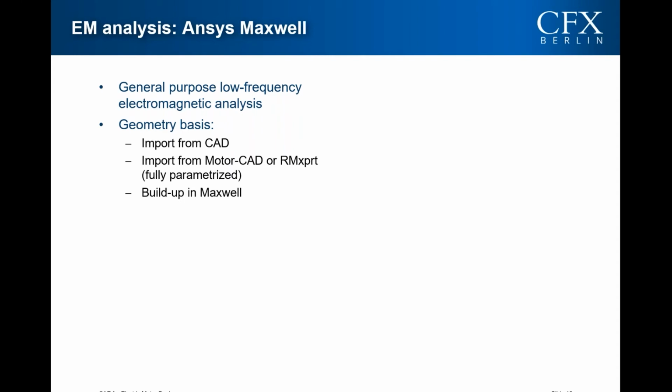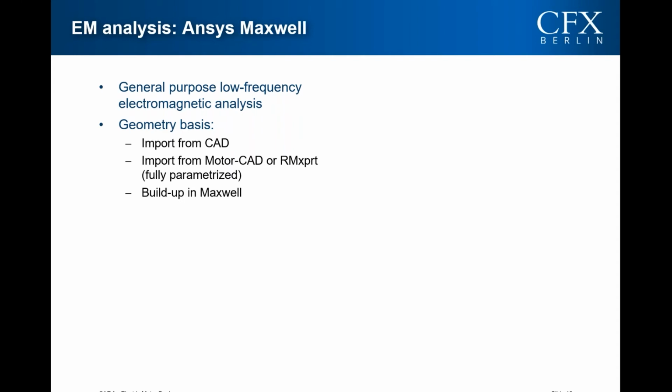The geometry basis in Maxwell can be an import or from CAD. There are, of course, interfaces to the major CAD software packages. Or you can import the model from MotorCAD or RMxprt. Then it's fully parameterized.